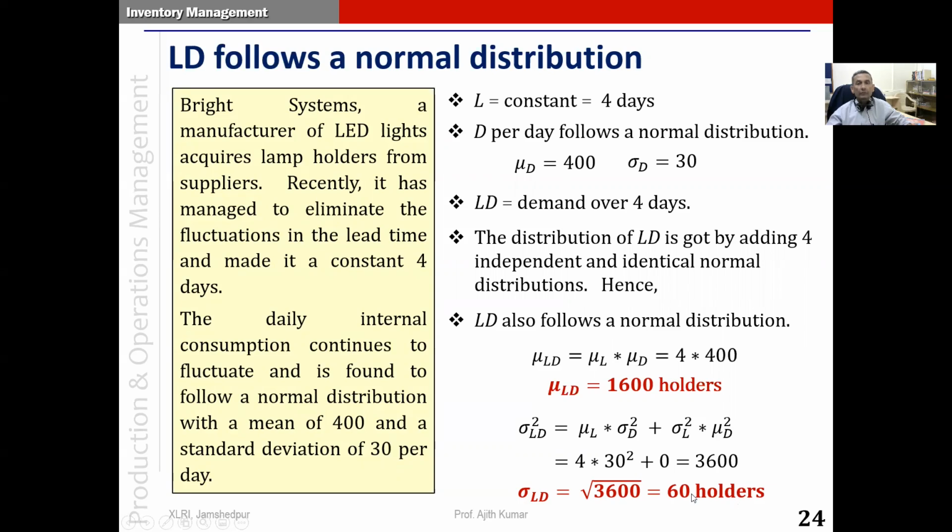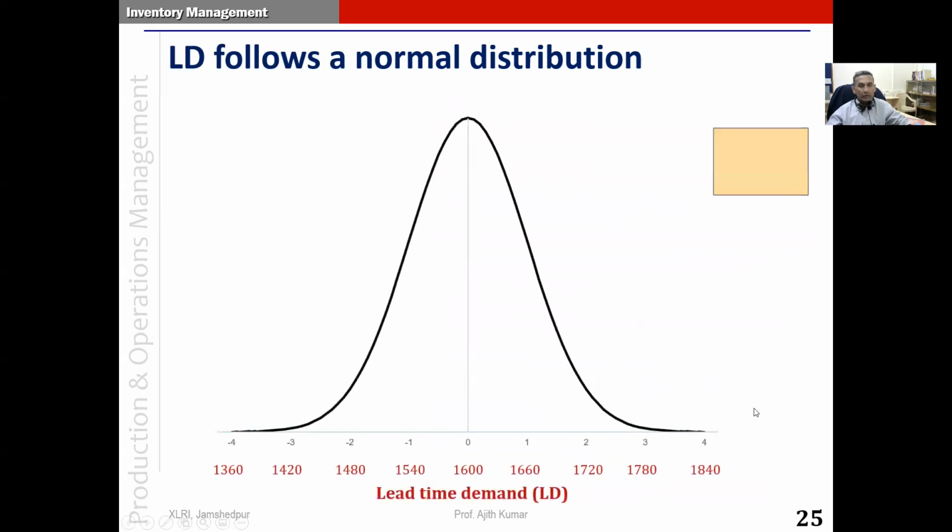Okay, so now we have computed the mean and standard deviation of lead time demand as 1600 and 60 respectively. And we also know that lead time demand follows a normal distribution. So let's use all this information to answer the questions asked of us. First, let's plot a normal distribution for lead time demand with a mean of 1600 and a standard deviation of 60.